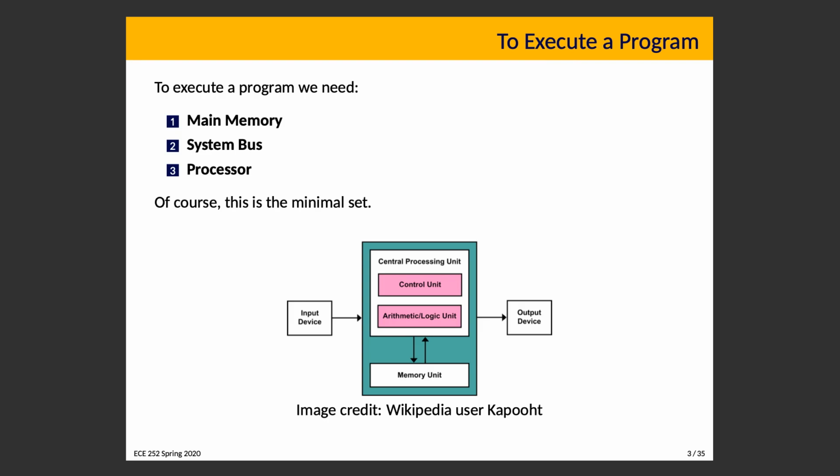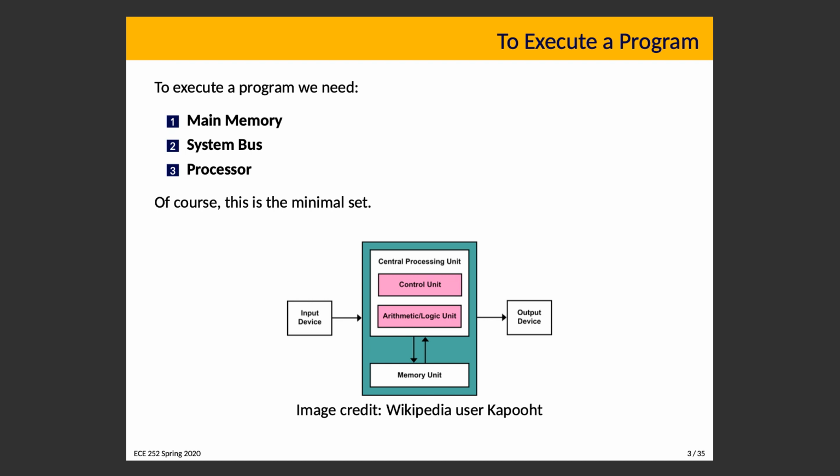We need main memory, we need a system bus, and we need a processor. So main memory is a place where instructions and data are stored. There is a system bus, it's how data get to and from the devices in the system, so how data gets from memory to the processor, how it gets from the processor back to memory.